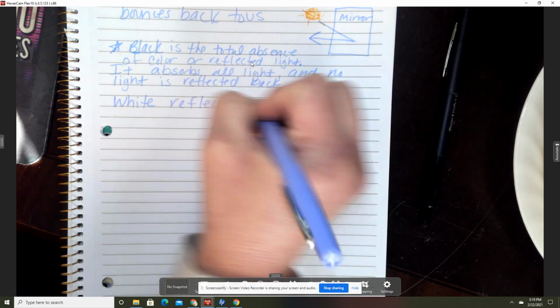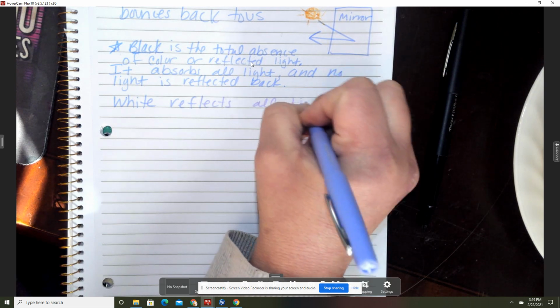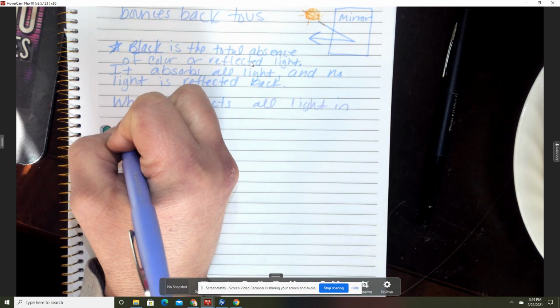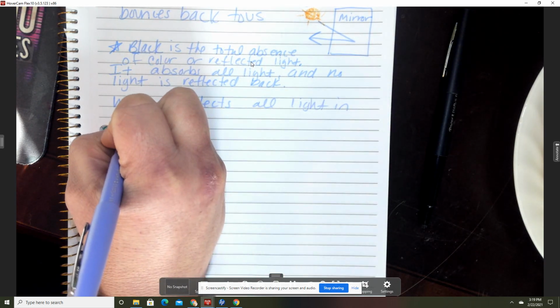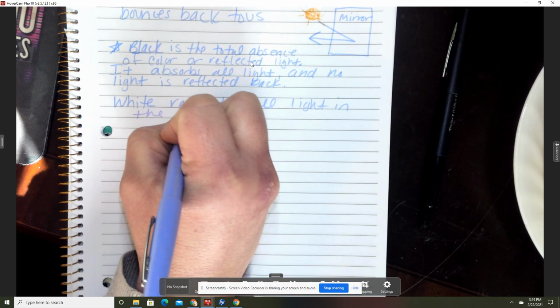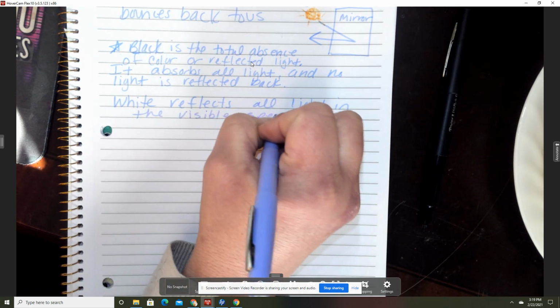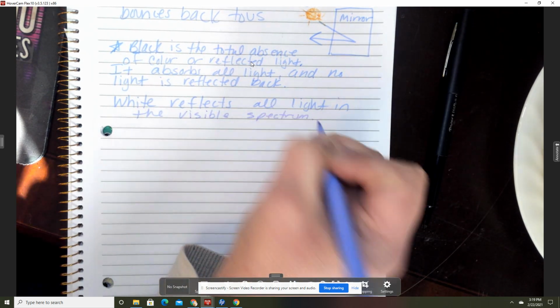It reflects all light in the visible spectrum. And remember, we talked about the visible spectrum as the rainbow.